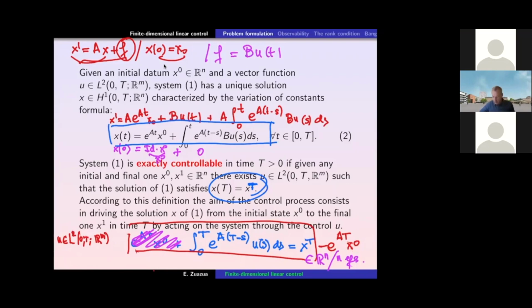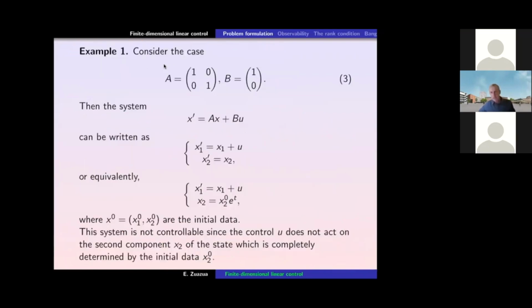Is that possible? Well, you see, it's tricky. So when you start checking examples, you realize immediately that it's not just as simple as counting dimensions. It's not just checking how many equations I have to fulfill and how many controls I do have, right?